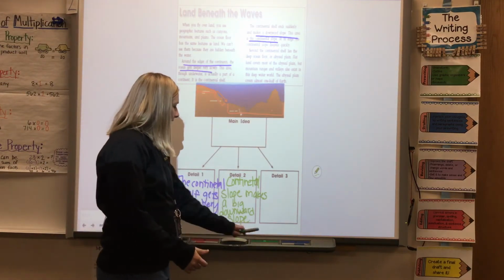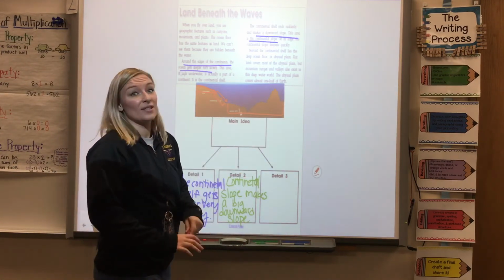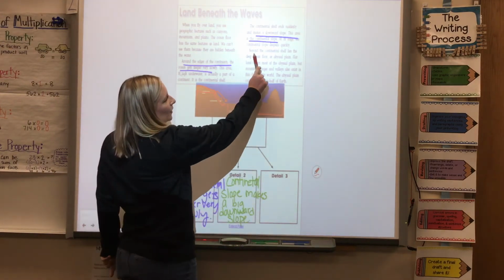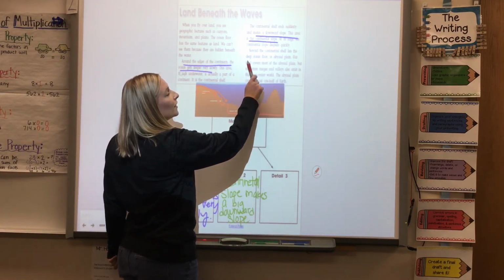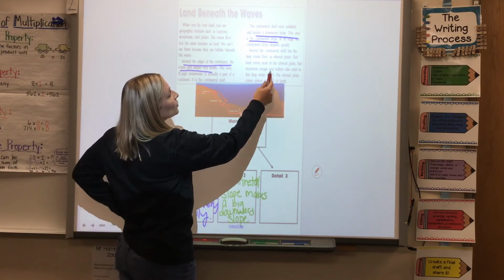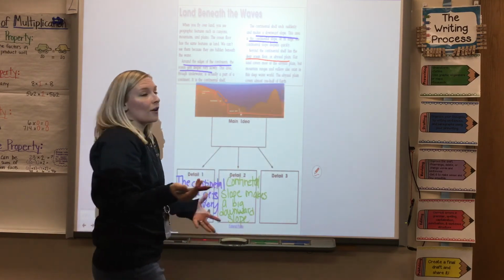And then the last thing I talked about was the abyssal plain, which is the deepest part of the ocean floor, the very bottom. So if I look here, it says beyond the continental shelf lies the deep ocean floor, or the abyssal plain. So the deep ocean floor is called the abyssal plain.